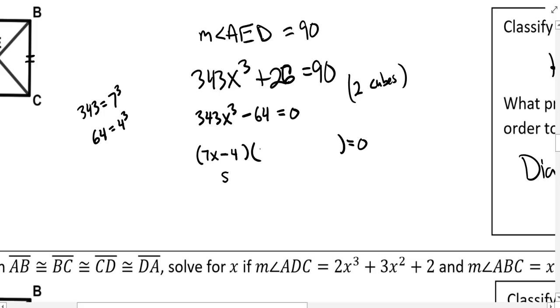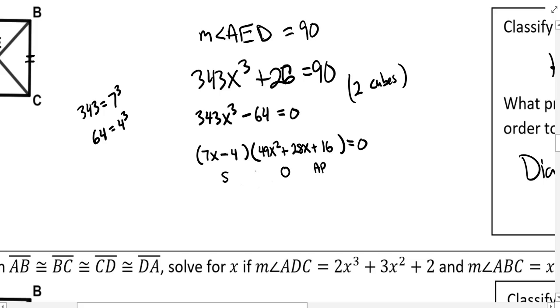So 7x times 7x is 49x squared. And I'm going to use the opposite sign, which is a plus sign. 7x times 4 is 28x. Then it's always positive, so I put another plus sign. And then 4 times 4 is 16. That's how we factor it completely.